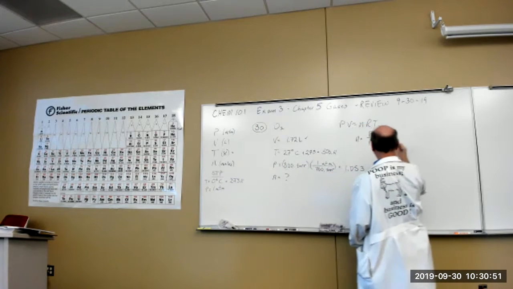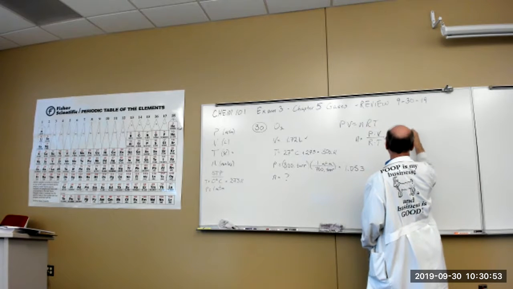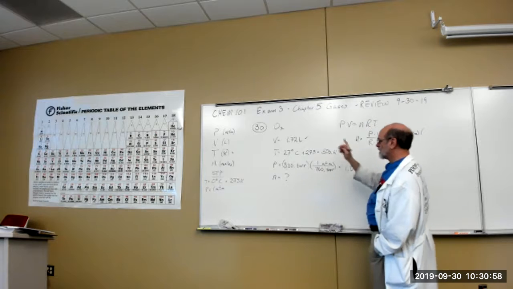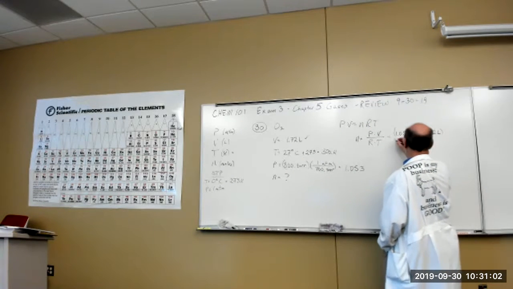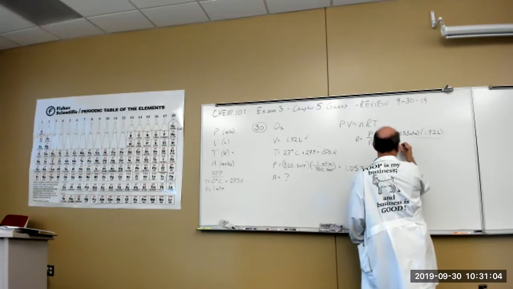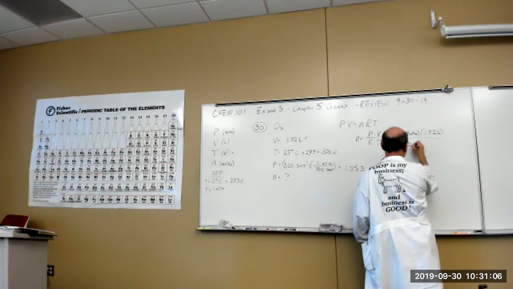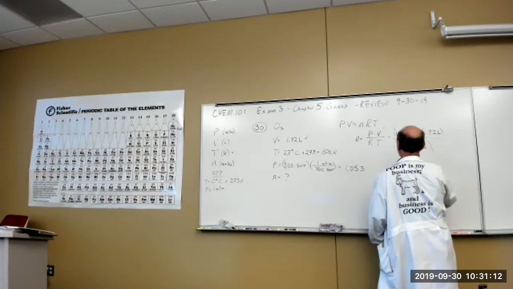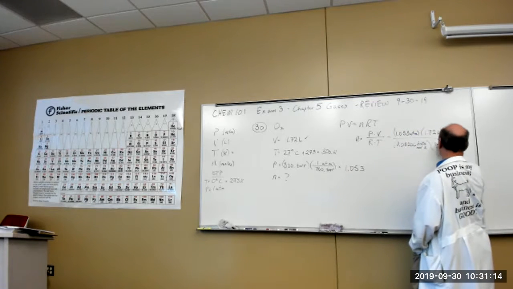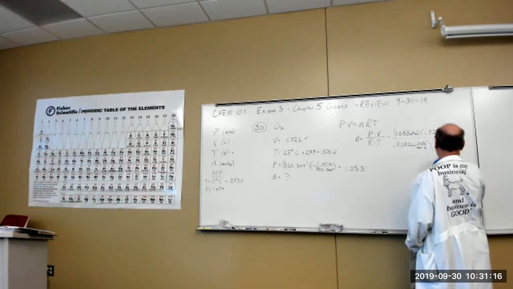Pressure is 1.053 atmospheres. Volume is 1.72 liters. R is 0.8206 liter atmospheres per mole Kelvin. And temperature is 300.